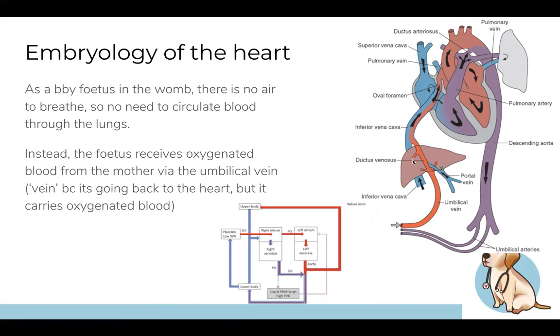But your ductus venosus connects your umbilical vein to your inferior vena cava here. So then you combine your deoxygenated blood from the body with your oxygenated blood from the umbilical vein.